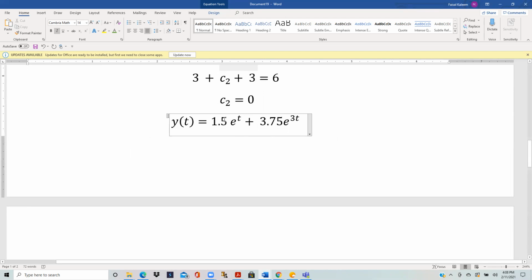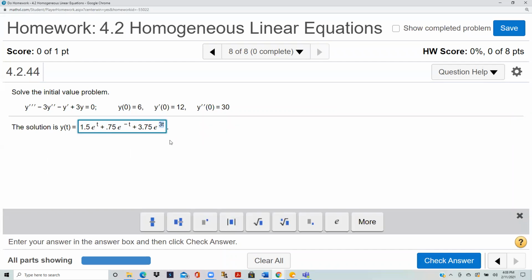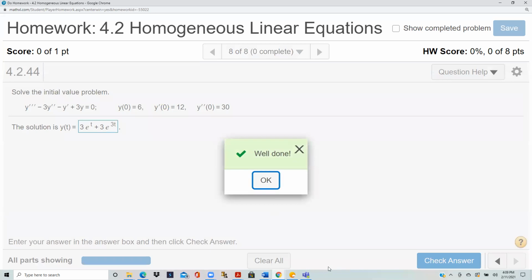And you will just have 3e^t plus 3e^(3t). Okay. That ends the section.